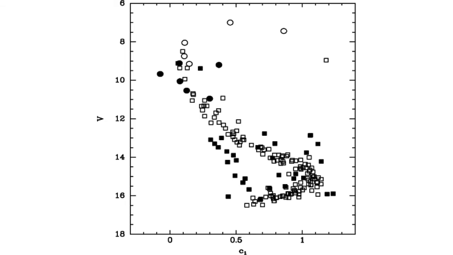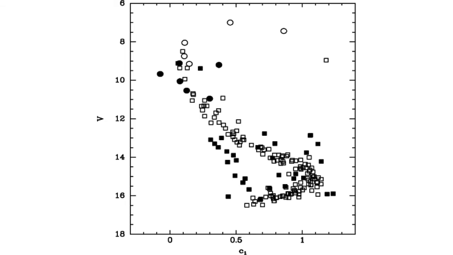Anyways, you got a lot of stuff down here on the lower right and relatively few up here in the upper left. Now let's take a look at the scales. This is capital V, the absolute magnitude in the visible, in the V filter. So they're using that alone as a measure of the luminosity, the vertical scale. Down here is a color index called C1.